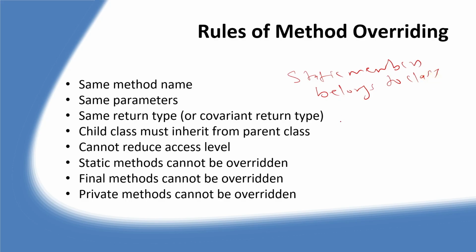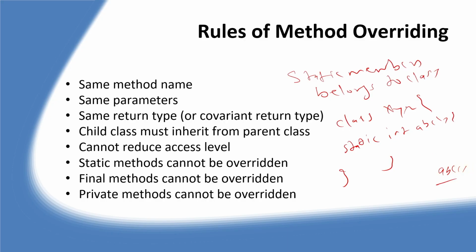So let's say I have one class XYZ and I have a static member, let's say static int ABC. During class loading time, static will get loaded in the memory only once. Let's say ABC is loaded in the memory only once.